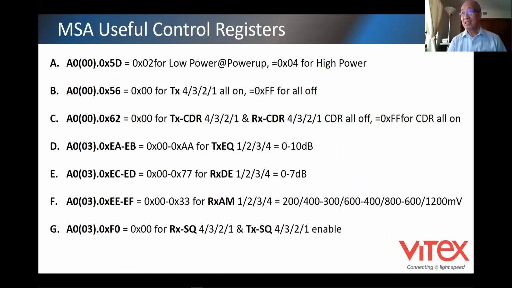And the next 3 would be TX equalization, RX de-emphasis, and RX output amplitude. Those 3 are together, actually. We call it CTLA tuning. The last one, but not least, is the transmitter and receiver squelch, which not that many people pay attention to, but I find it very useful for some customers.